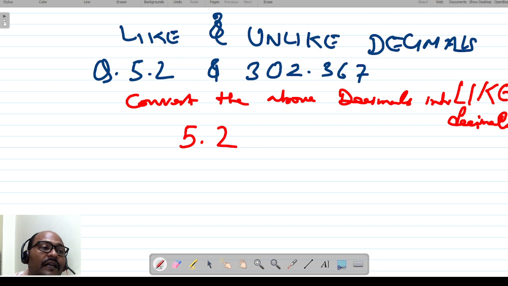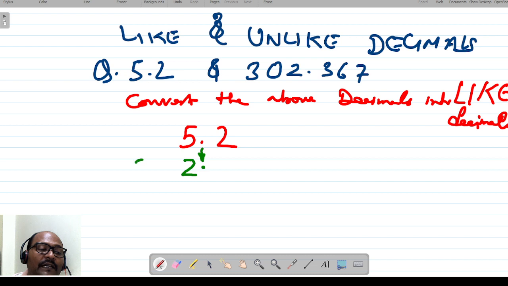As I said earlier, when you are comparing two numbers in decimals, you should write the numbers in such a way that the decimal comes just below the decimal of the first number.